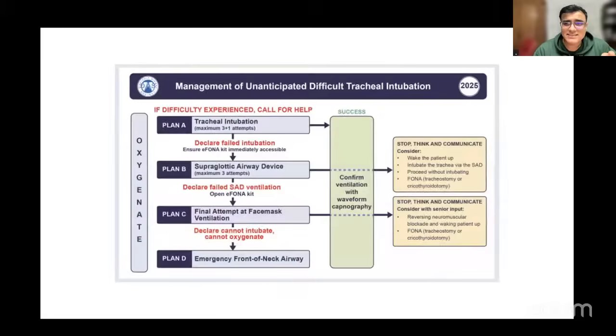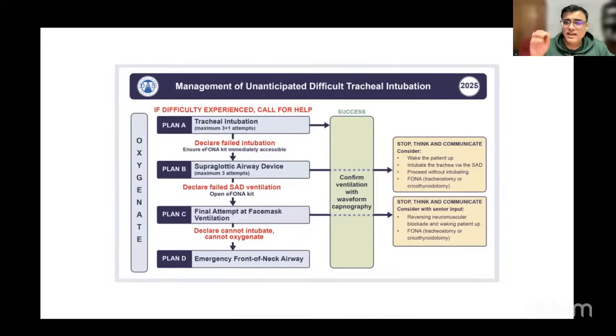Whenever that is there, you have to directly go for front of neck airway. But whenever it is a failed intubation attempt, you can go for airway adjuncts. There are multiple difficult airway management algorithms, but usually everywhere you will see that newer airway adjuncts are preferred, like LMA, iGel or something like that.